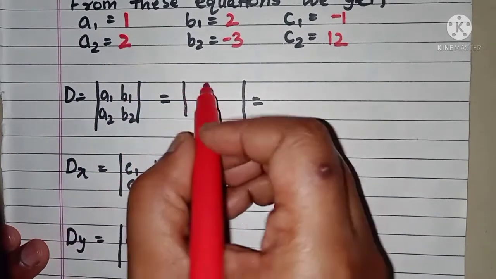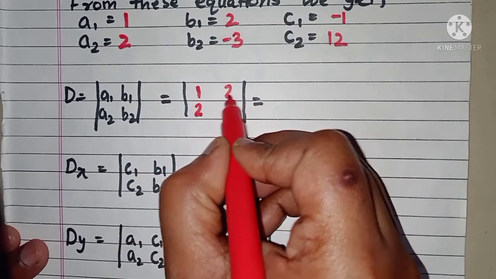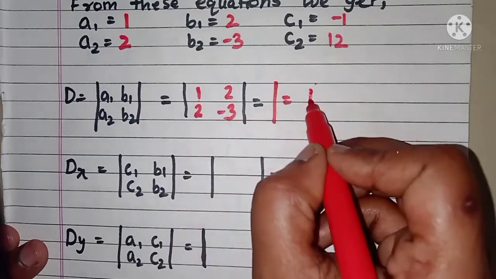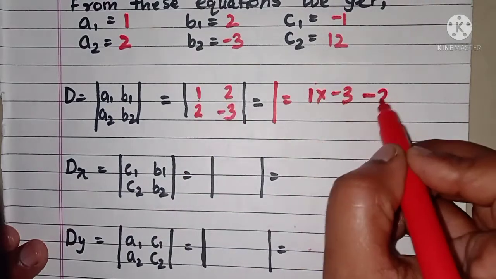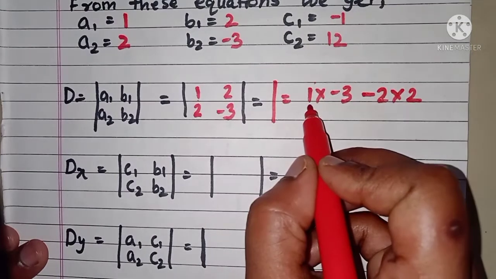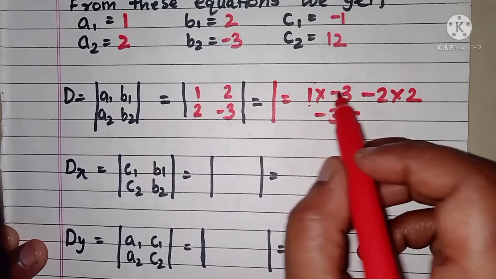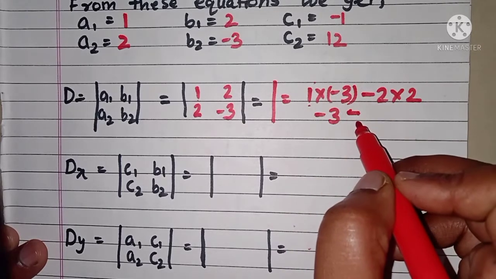For d, substitute the values: 1 2 2 minus 3. Do the further part. 1 into minus 3 is minus 3, minus 2 2s are 4. See, this minus is the different one, and this minus is the compulsory minus.